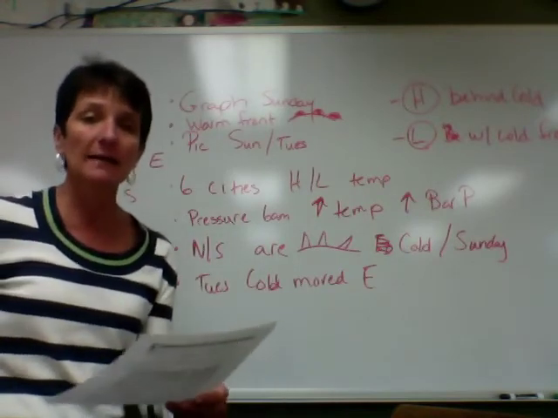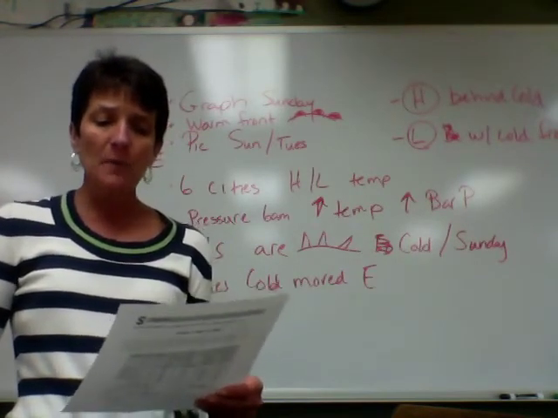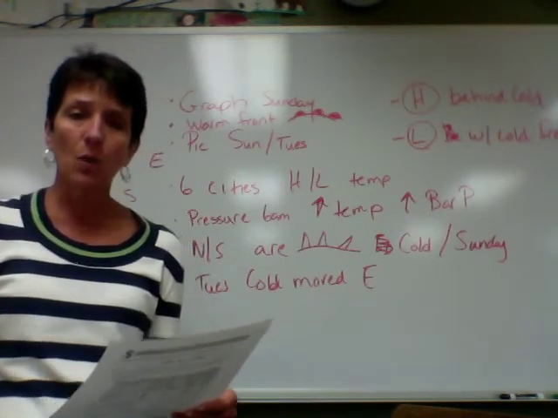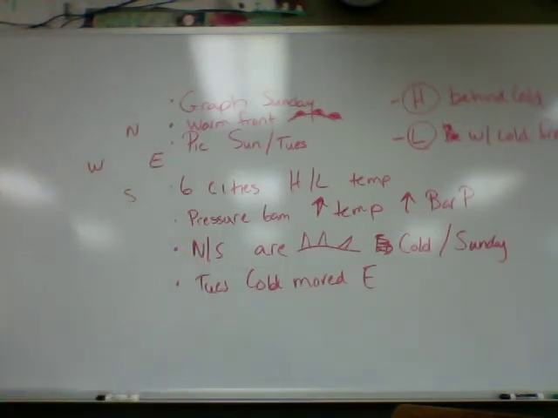All right, you should be back now. Now that you're back, let's take a look at it. Let's look at our weather, first of all, for Cleveland on Sunday. For Sunday, we have a cold front coming through. It is just west of Cleveland. We have a warm front north of Cleveland, and we have a high pressure and a low pressure.